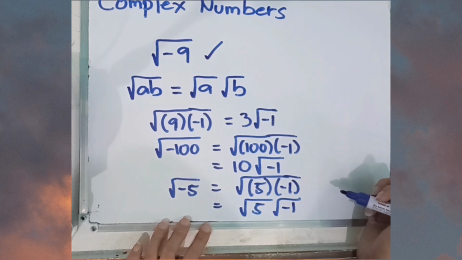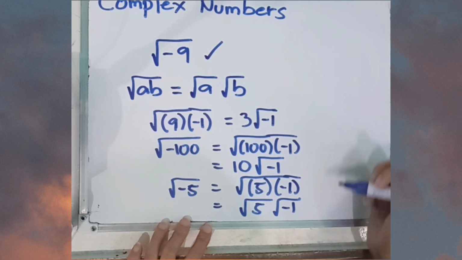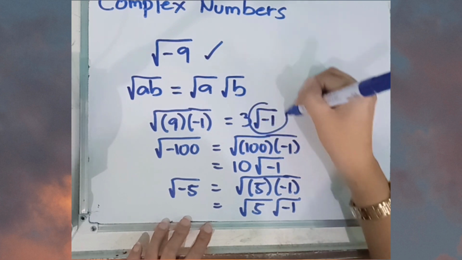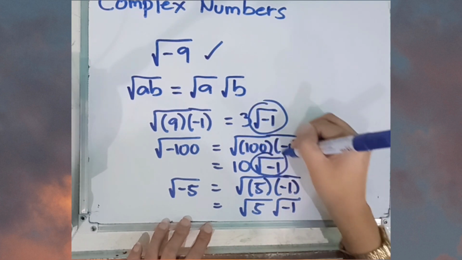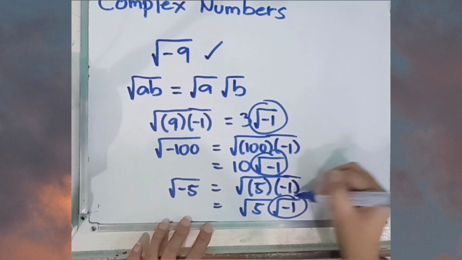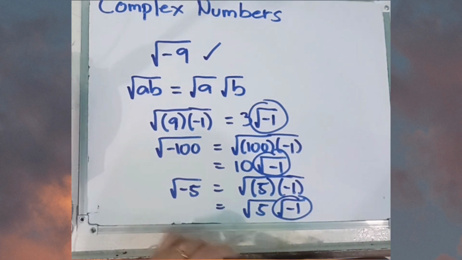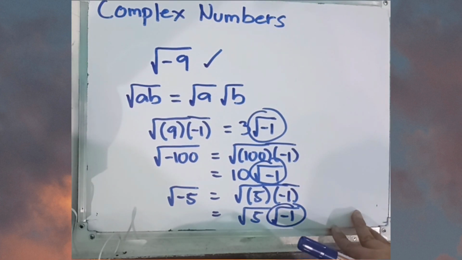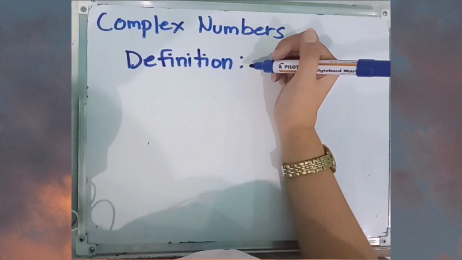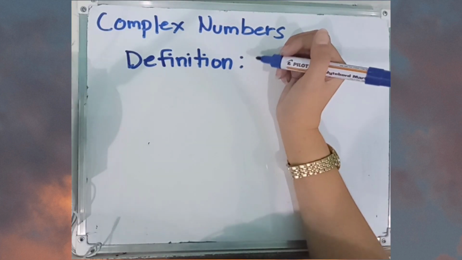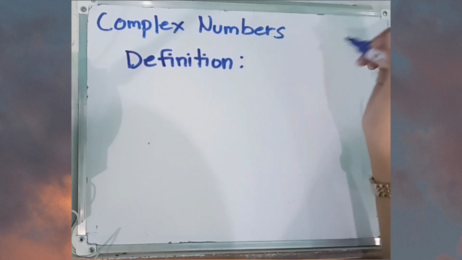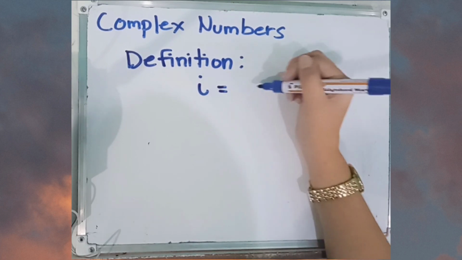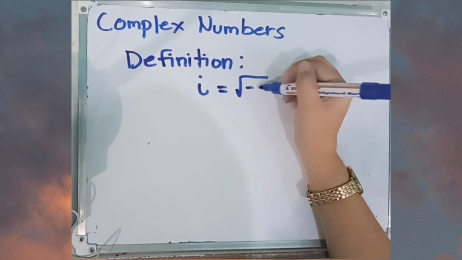If you observe the three given examples, it is common among the three that we have the square root of -1 there, also here, and also here. So what is this square root of -1 exactly? By definition, in mathematics, we have a certain number denoted by i, and i is equal to the square root of -1.